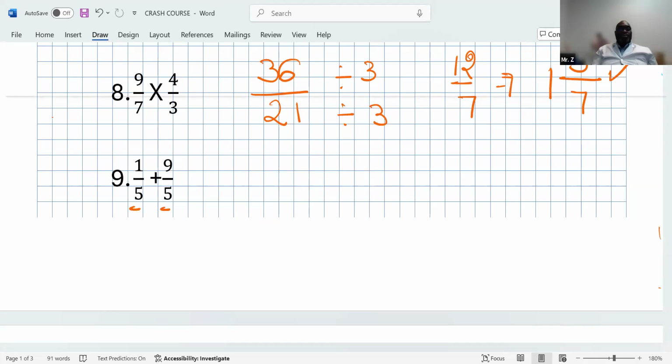Okay, so how do we deal with it? You draw your line over there. So you're going to first multiply this. You multiply the denominators. This is when you're adding your fractions. When I multiply 5 and 5, it gives me 25.